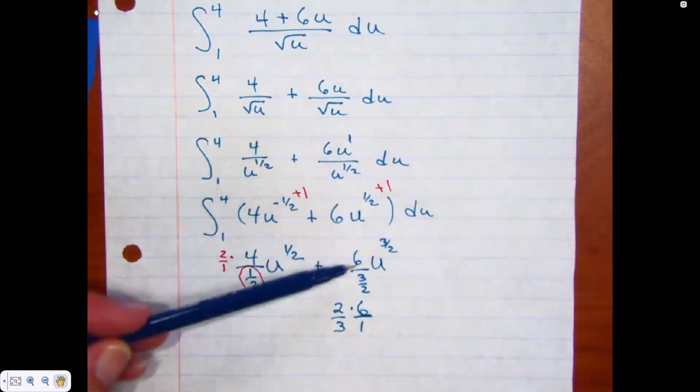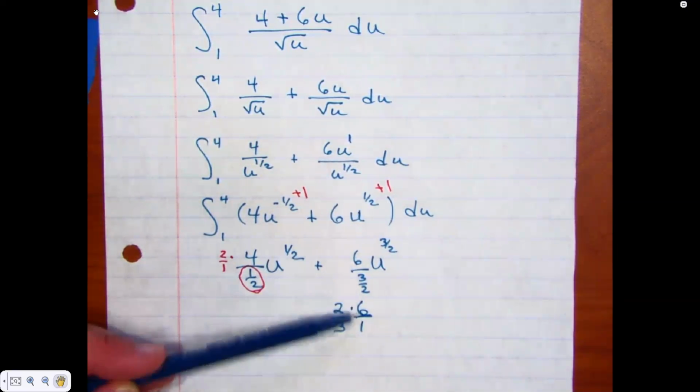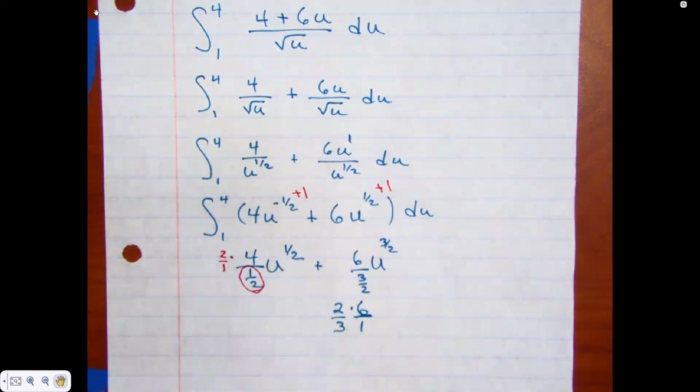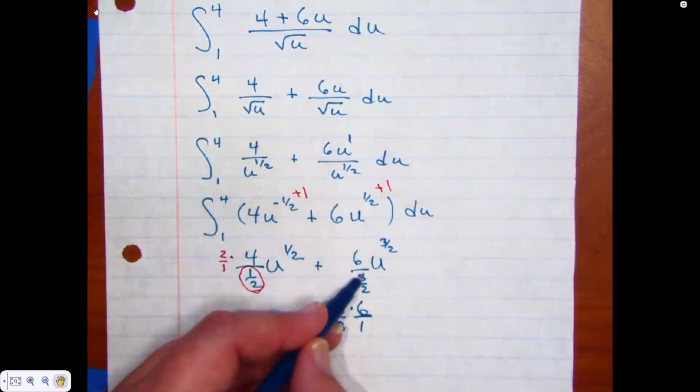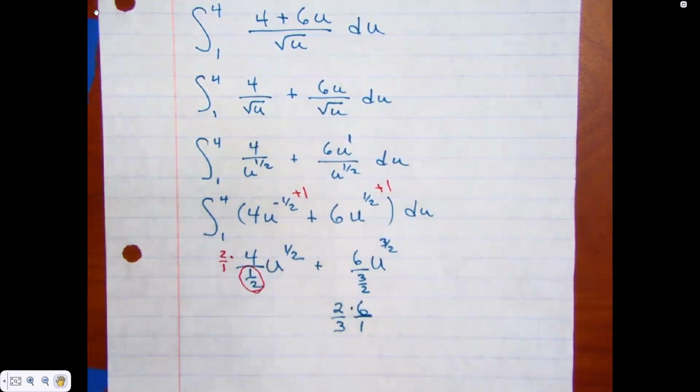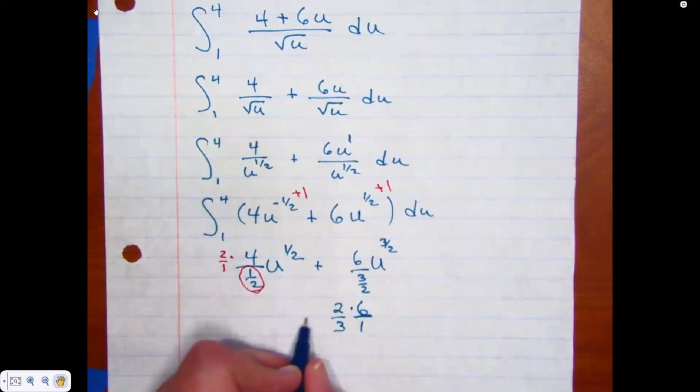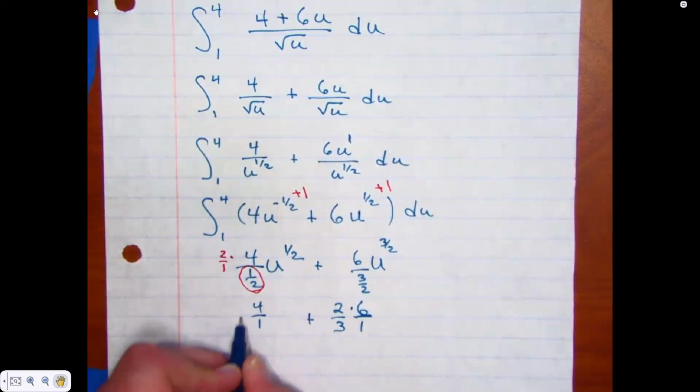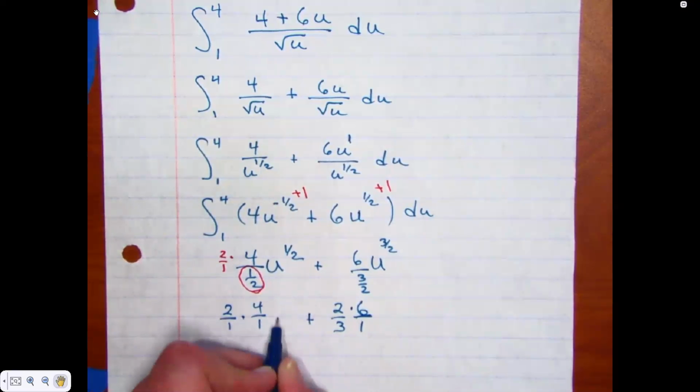So 6 divided by 3/2, the same thing as 6 times 2/3. If you don't want to write divide and multiply by the reciprocal right away, go for it. If you like to write it so you visually see that you flip it, that's okay too. We could write this as 4 over 1 times 2 over 1.